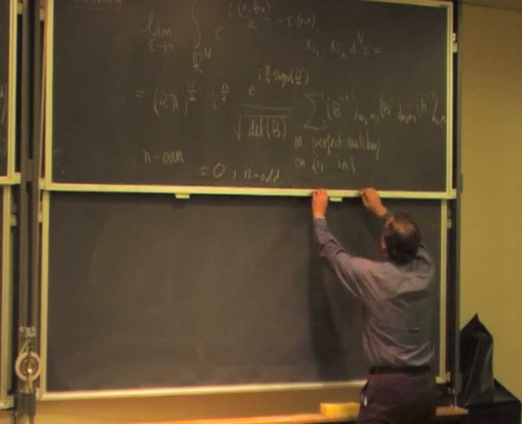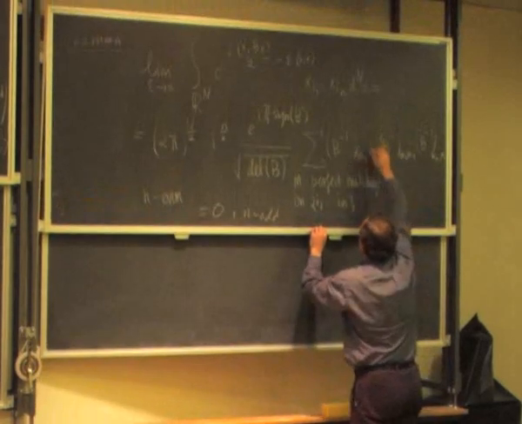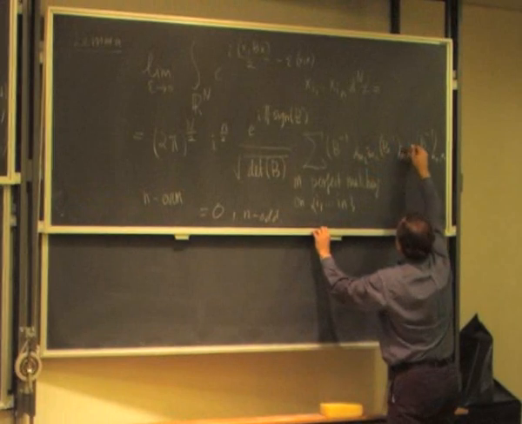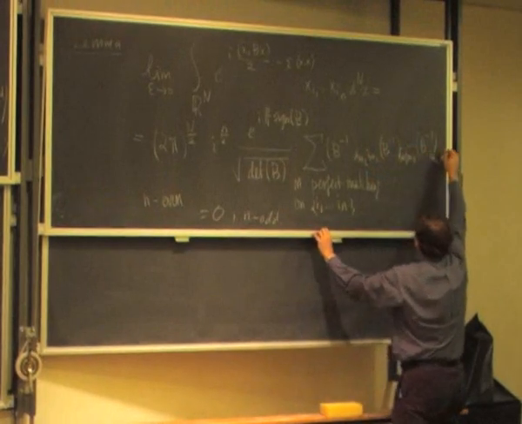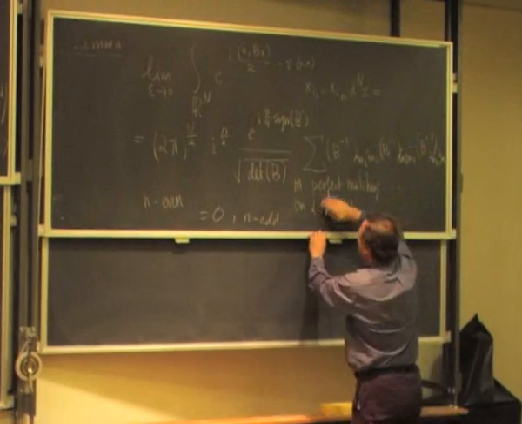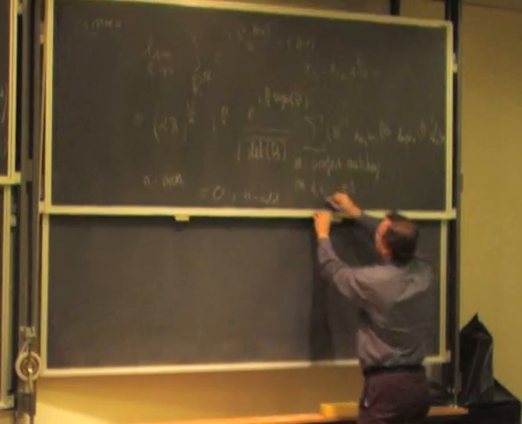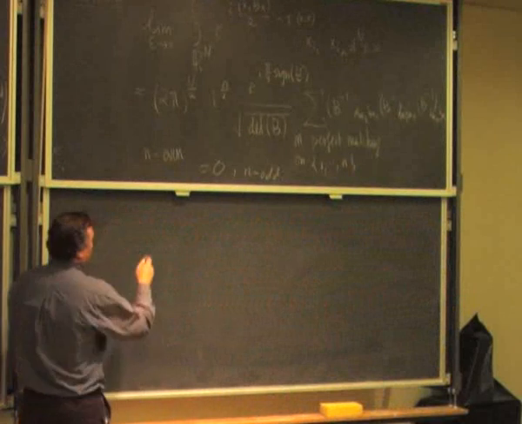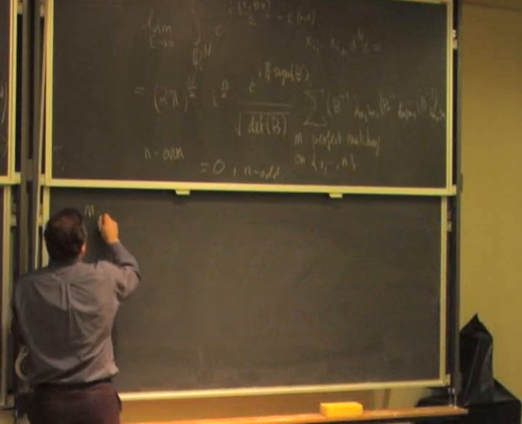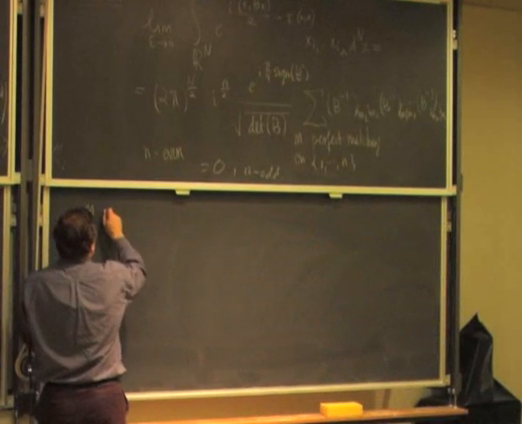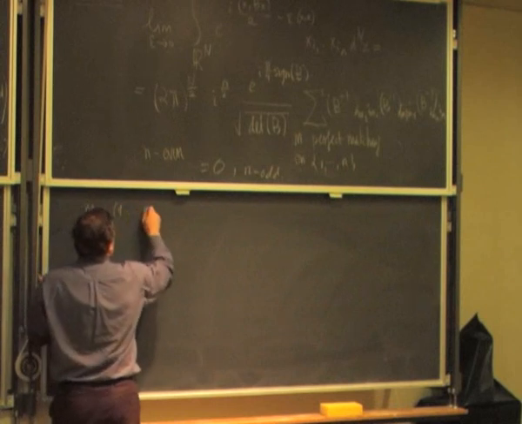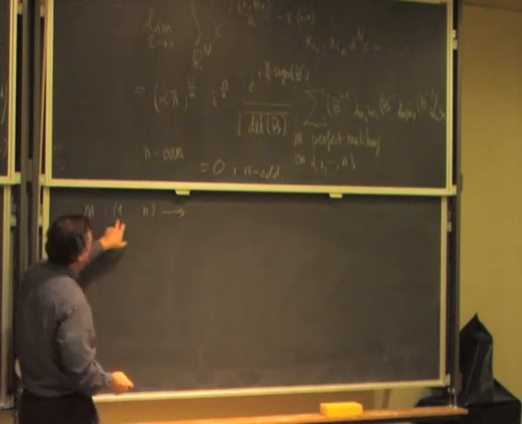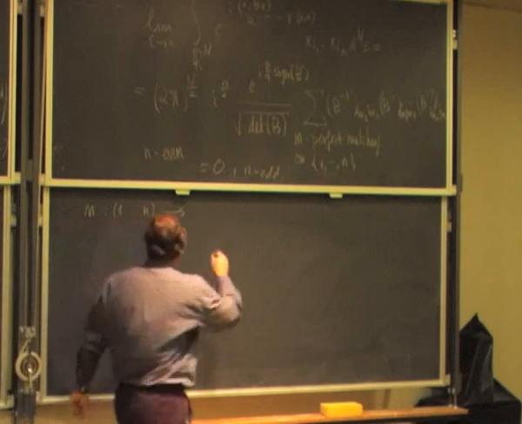It's I sub n, and the perfect matching on this is on the set from 1 to n. So, what is a perfect matching? It's the organization of these numbers into pairs.